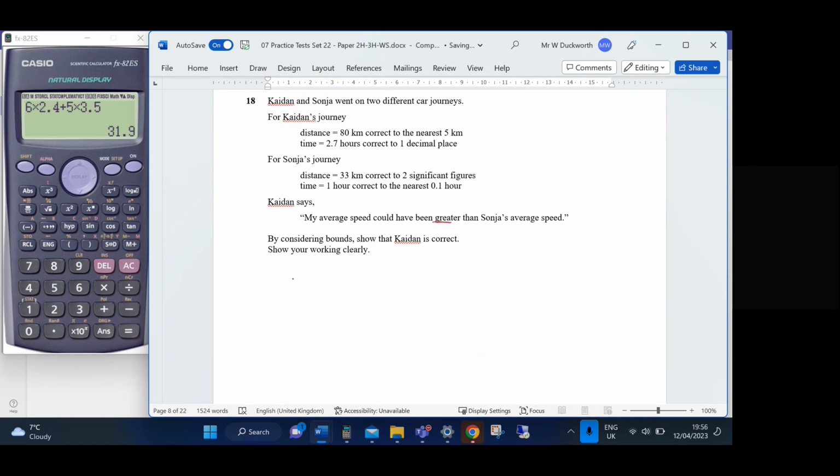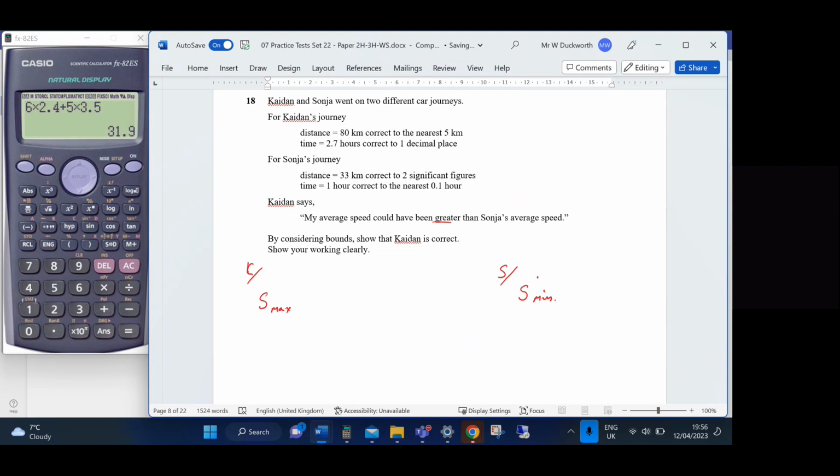So realistically, we want Caden's max speed and we want Sonia's min speed.